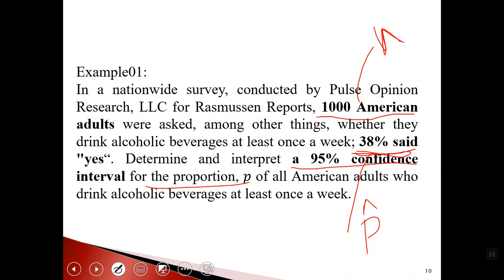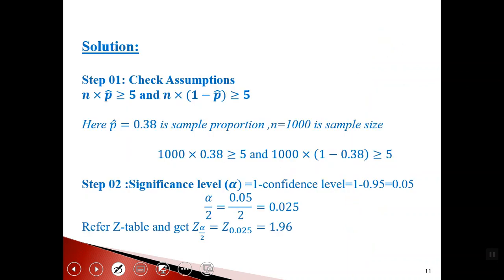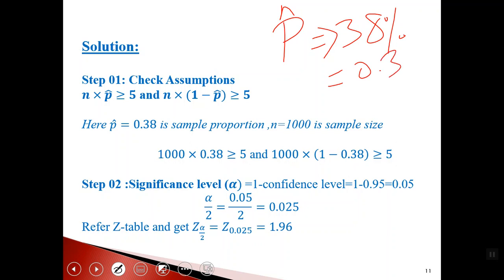Okay, let's see. First you have to calculate your sample p hat. The value they have given is 38%, which means 0.38.